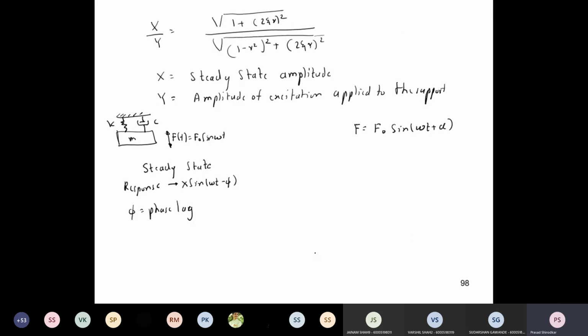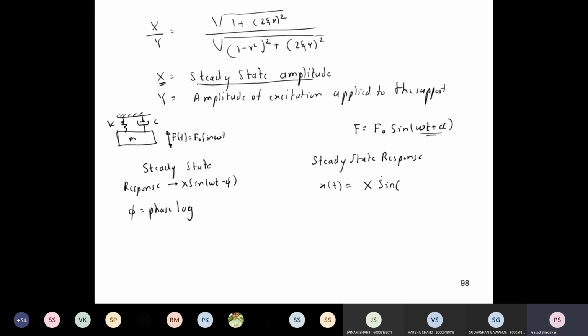So now our steady state response, with amplitude X, where X is the steady state amplitude, as a function of time, that is the steady state response x of t, will be X, the steady state amplitude, into sine.